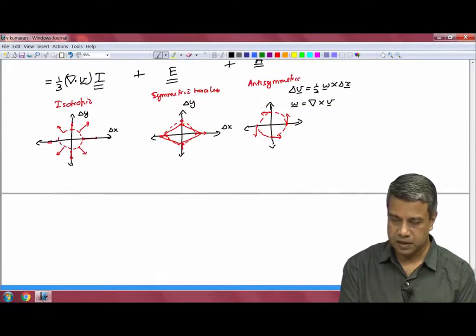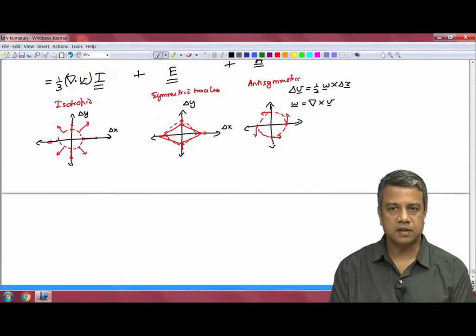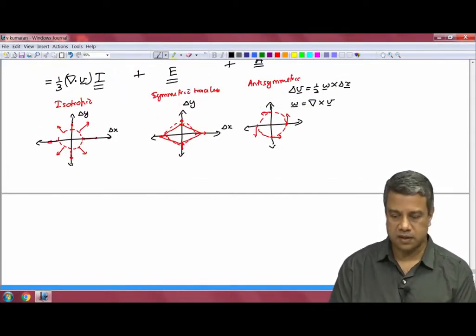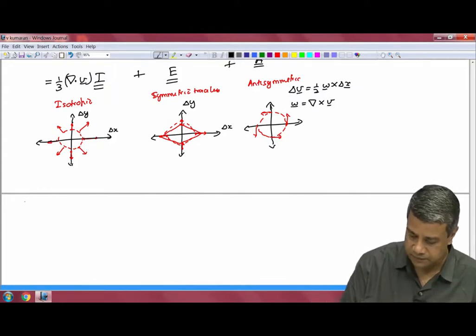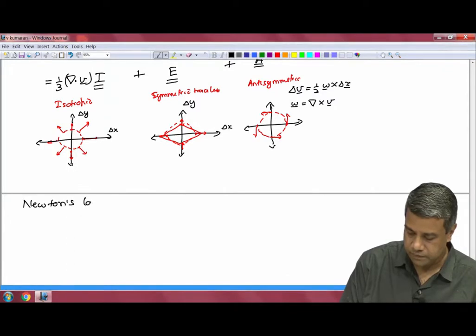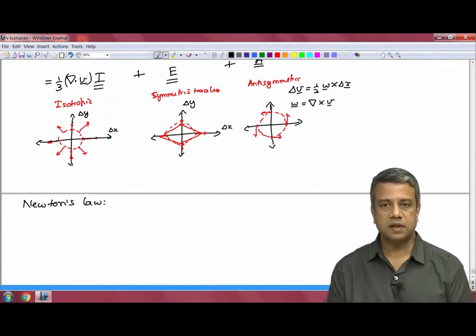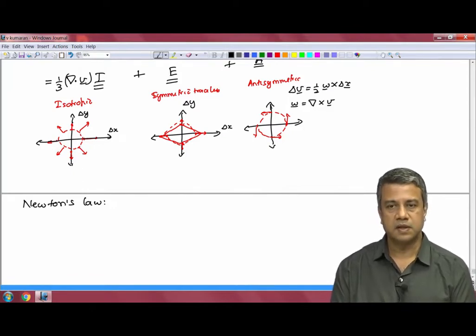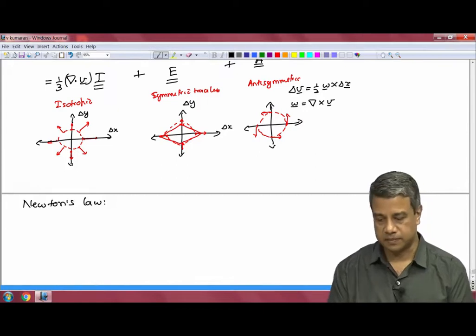Now, when we write a constitutive relation for the viscosity, that is Newton's law for viscosity, this has to be a relation which is independent of the underlying coordinate system, because it is a relation between 2 physical objects, the stress and the rate of deformation.